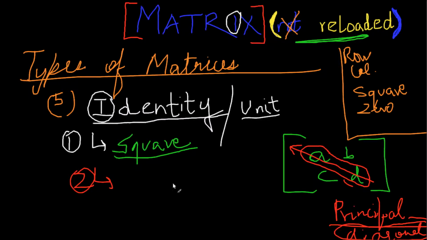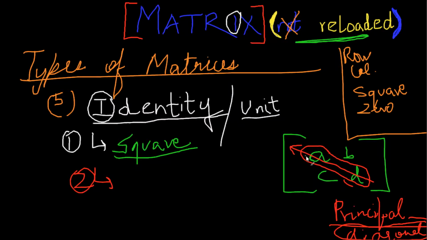Now that you know what principal diagonal elements mean, or just diagonal elements in a matrix, you do understand that if these are the diagonal elements, then the rest, like B and C here, or if I have a third row and a third column, the other elements which are not lying on this straight line running from top left to bottom right are the non-diagonal elements.